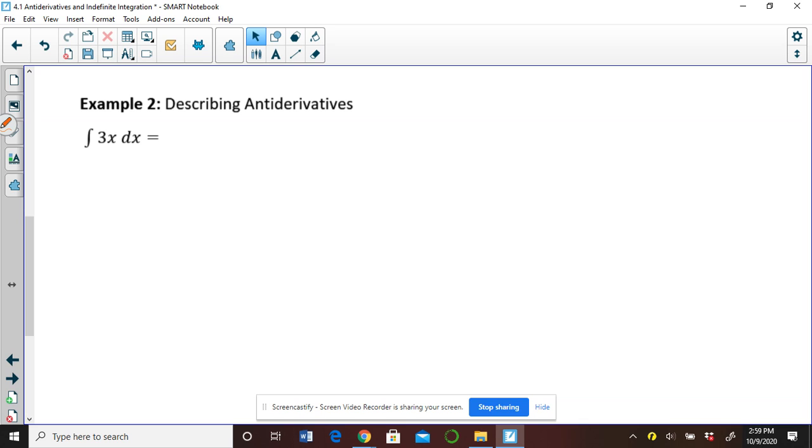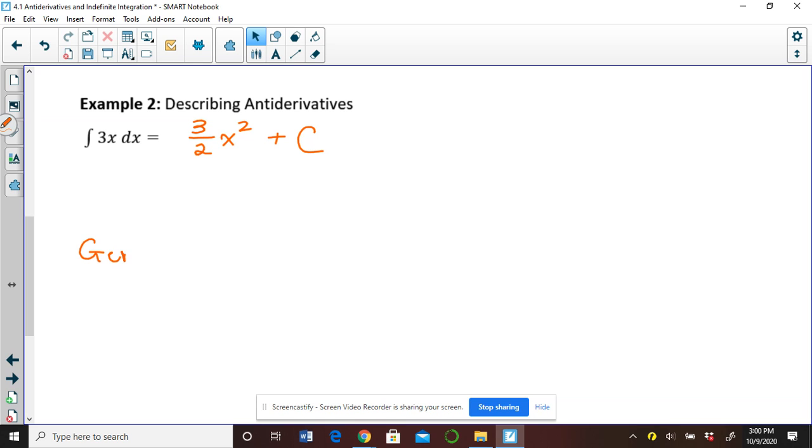We have 3x dx right now, and we need to figure out what we started with. Well, we have an x, so that means we originally had an x squared. If you think about the process of a derivative, you would multiply by that exponent, but we're reversing the process, so now you would divide by that exponent, and then you can't forget the constant of integration.